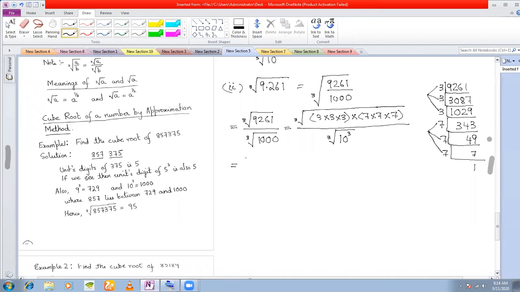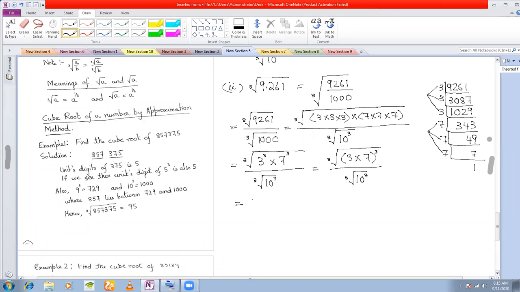Next, you can write this as cube root of 3 cube into 7 cube divided by cube root of 10 cube, which can now be written as cube root of 3 into 7 whole cube divided by cube root of 10 cube.